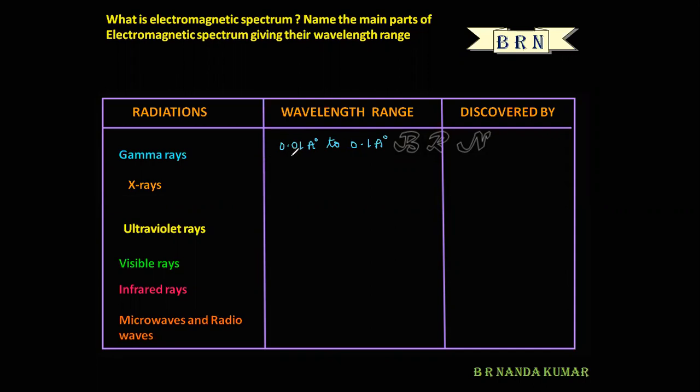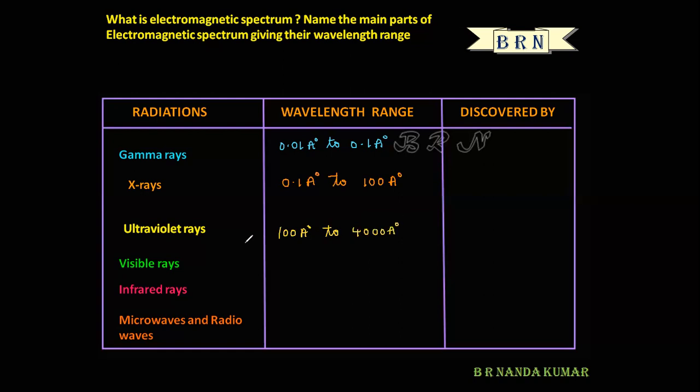The wavelength range of X-rays is 0.1 angstrom to 100 angstrom. The wavelength range of UV rays is 100 angstrom to 4,000 angstrom.